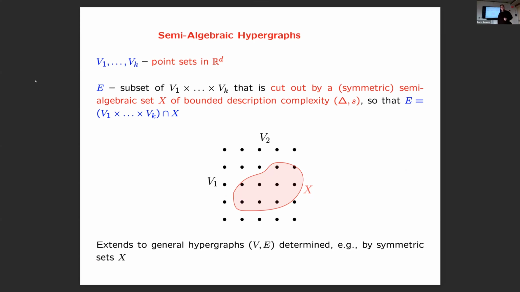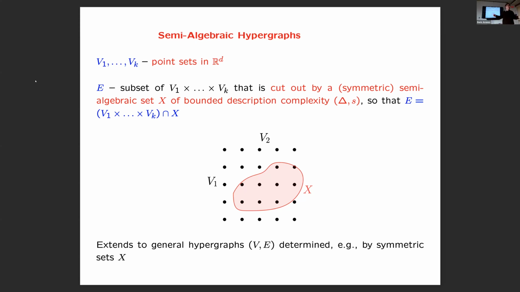For the time being, it's more convenient to work in the k-partite setting. So let us first look at k-partite, k-uniform hypergraphs. Their vertices, for the sake of this definition, live in some Euclidean D-space, and we seek to describe the subset of all the edges.